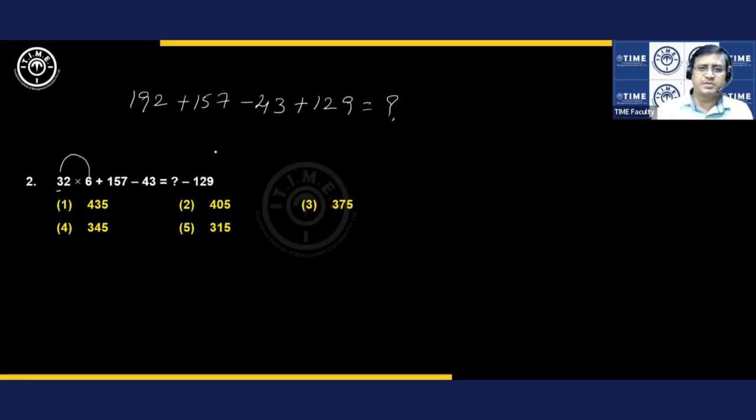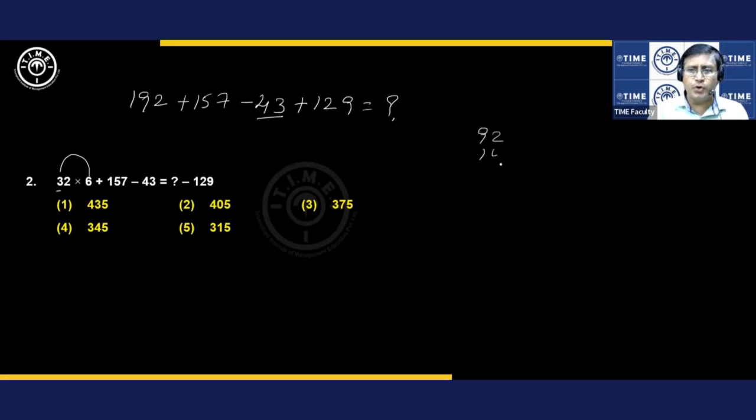Dear student, just observe this. What is the sum of all these values? 43 subtract from 57. What is the result? It is 14.